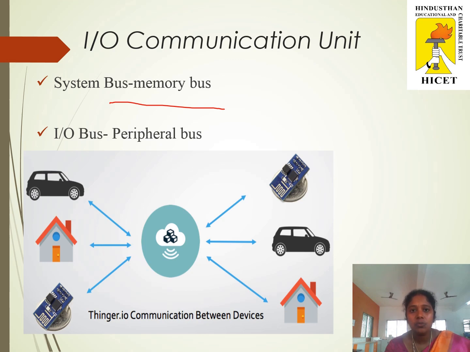They make the interconnection between the processor, the memory units and all the peripheral units present in the embedded system. Input output buses are also called peripheral buses. They make the interconnection between the memory units and all the input output devices connected in the embedded system. That is the purpose of communication units in embedded systems.